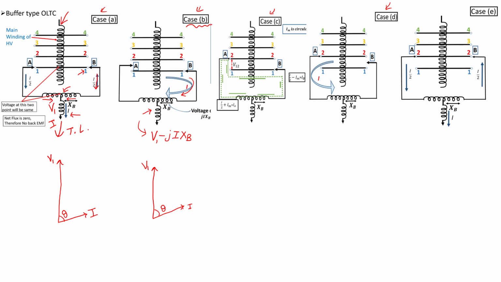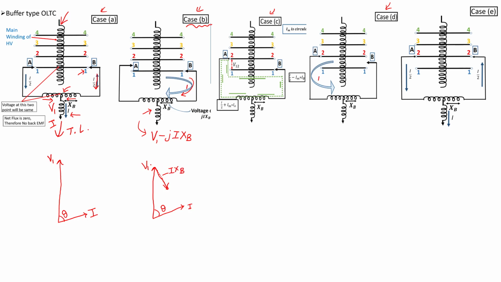This is I, and jIXB is 90 degrees to this current I, so I have to draw a phasor which is 90 degrees to this current. This is the position somewhere here. The magnitude of this is I into XB.